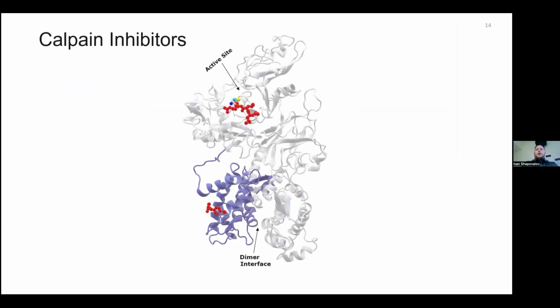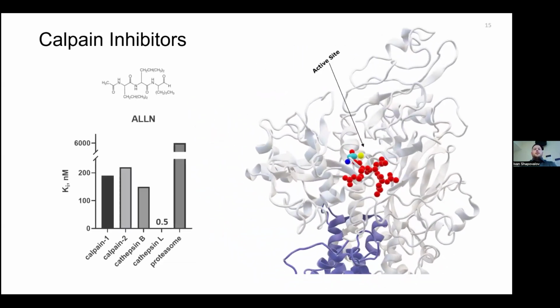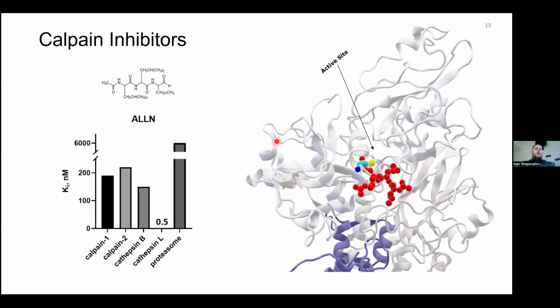However, there are many Calpain inhibitors that are marketed for in vitro use, for example. And these fall into two major categories: active site-directed inhibitors and allosteric inhibitors. Among active site-directed inhibitors, one common type is peptidomimetic small molecule inhibitors that work by covalently binding the active site cysteine.